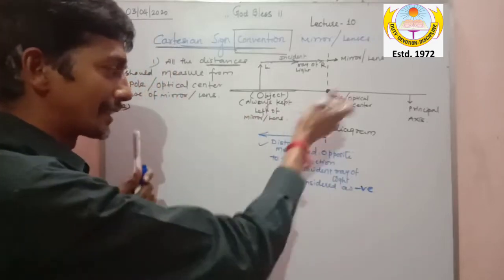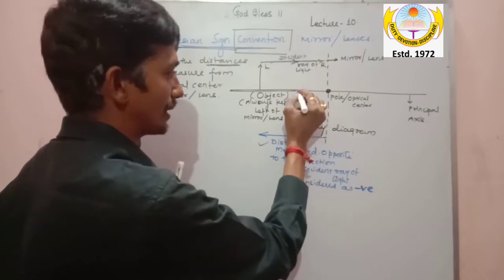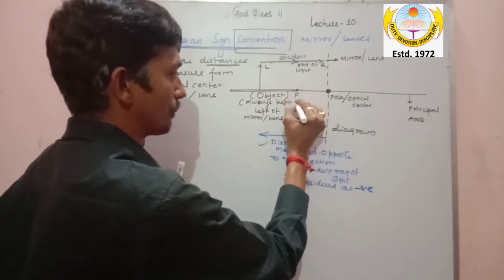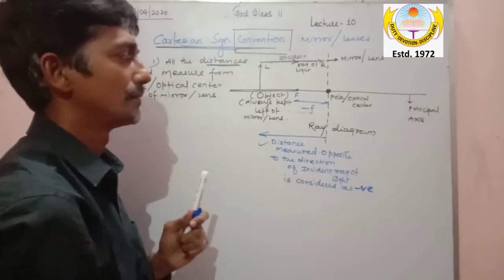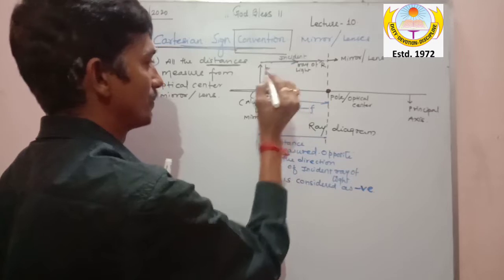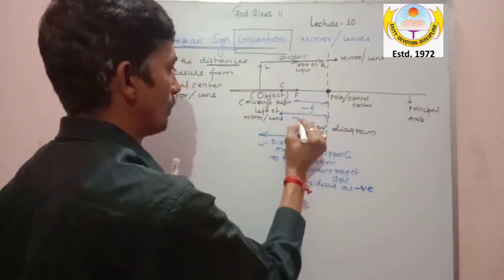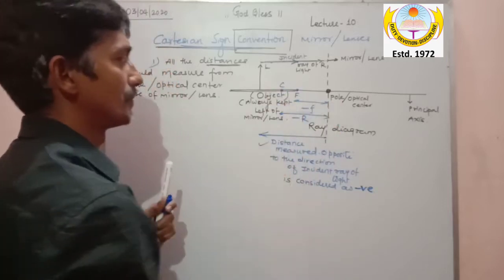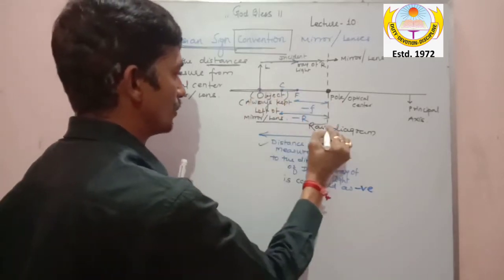So for all these distances which I measure, if I get the focal length here and mark F, that F will be minus, because that F is on this side. If here I mark C, this C from the pole will be minus R. This object distance will be minus u.